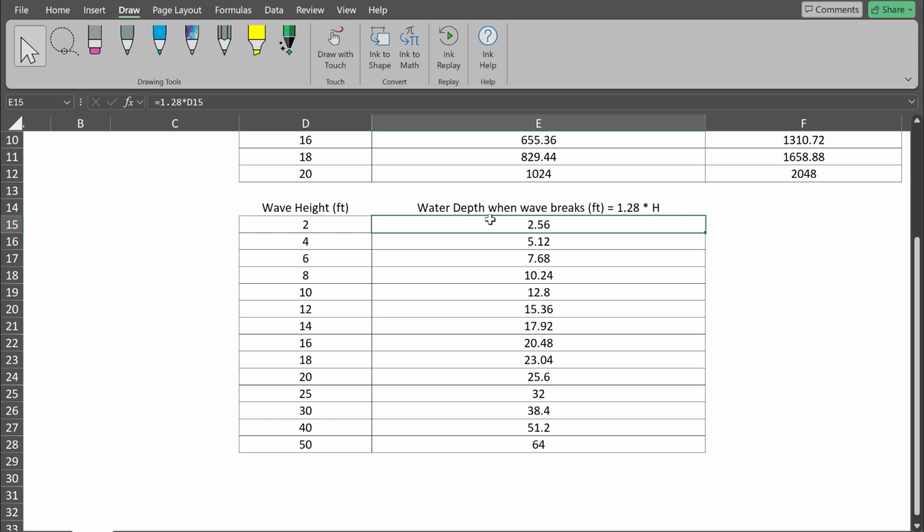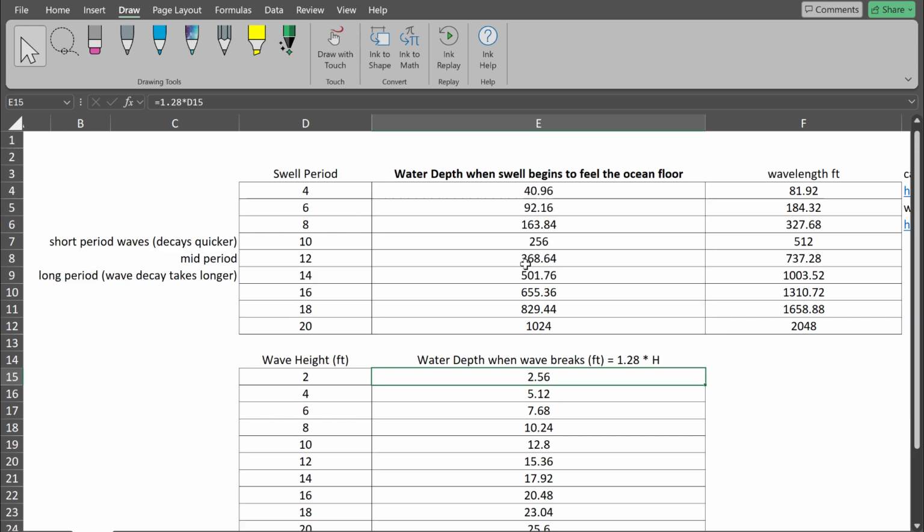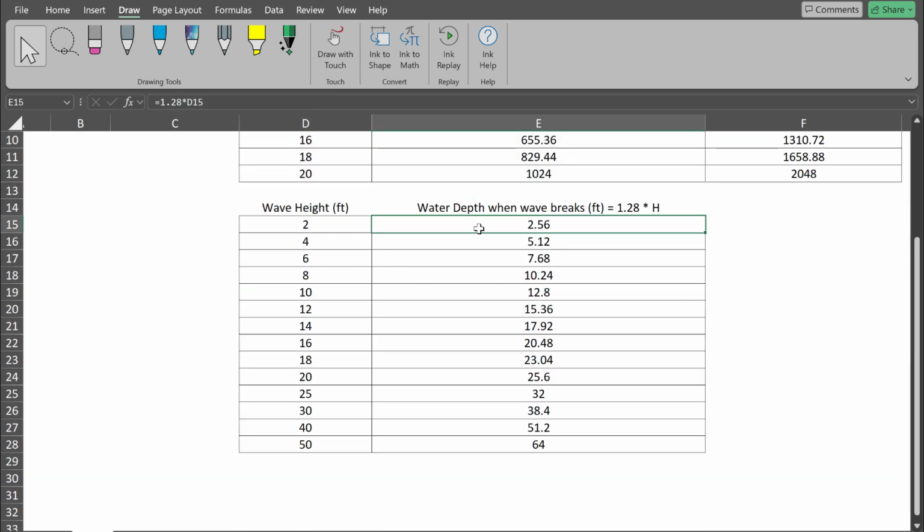Okay. But the waves will not break until the depth to height shallow water wave formula ratio is met, regardless of swell period. Swell period will help the swell turn and refract, but it won't actually break until this 1.28 times the height of the wave requirement is met. Right?